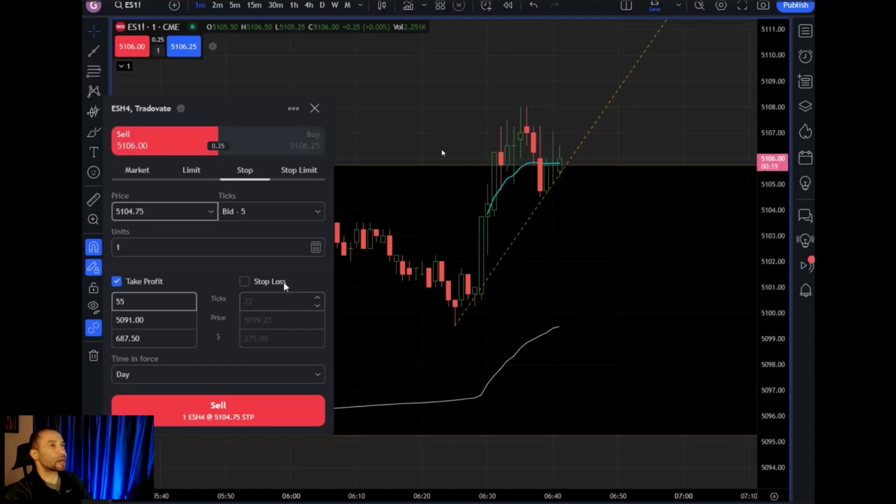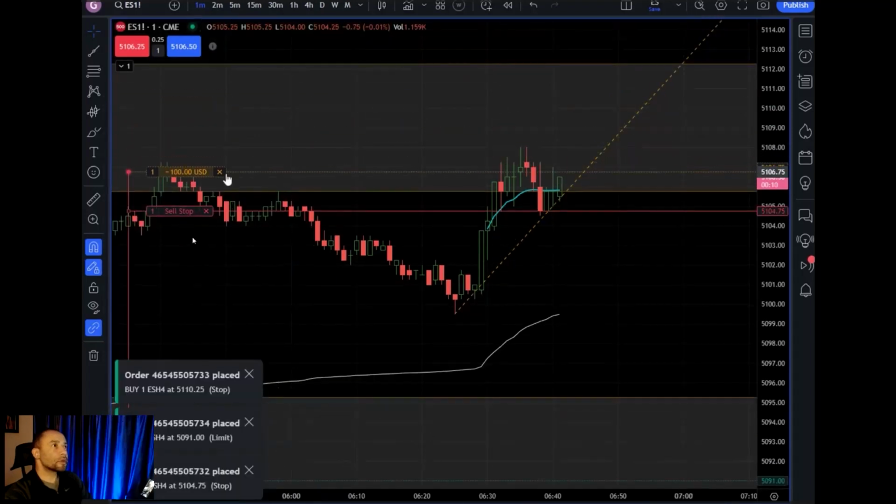I like that price action has been getting a lot of wicks to the upside here on this 1 minute chart. To me, that shows that price is having trouble sustaining above this area here. So I want to get in short.